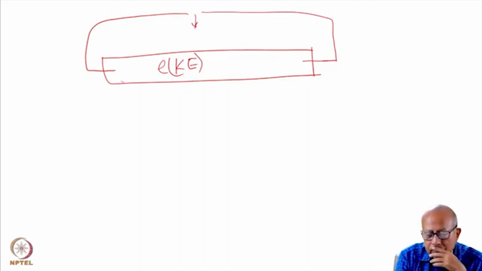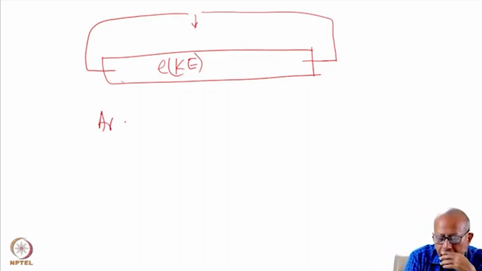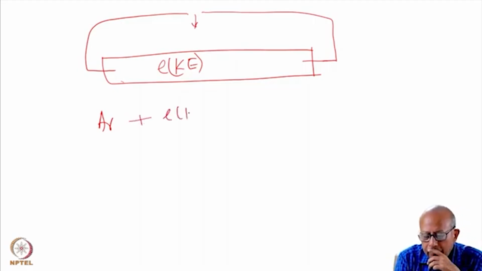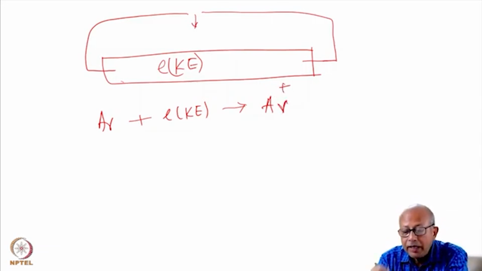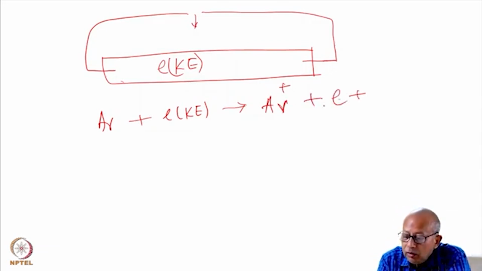Now these electrons then collide with neutral argon atoms, and if the electron's energy is large enough, it will ionize the argon atom, and an argon ion will be created, which will work as the light emitting species, and you will create an additional electron, and this electron will move with lower energy.